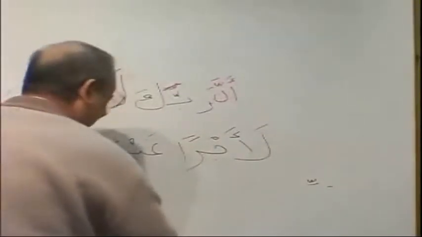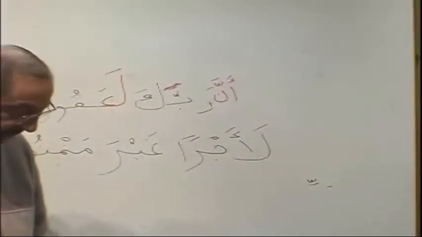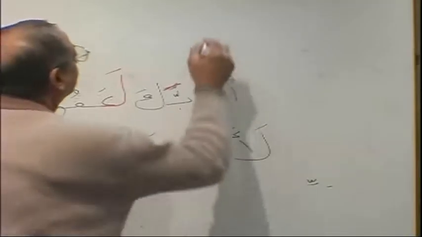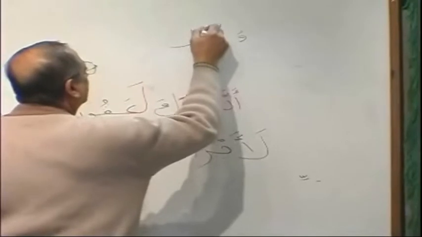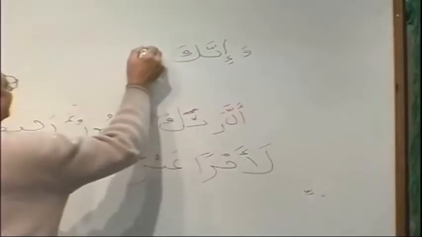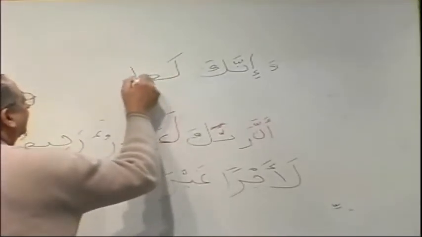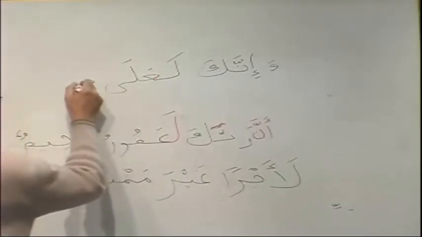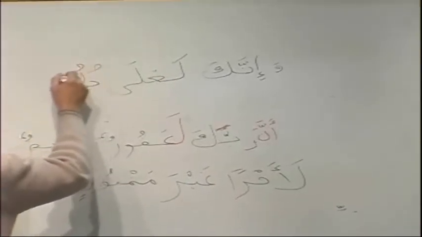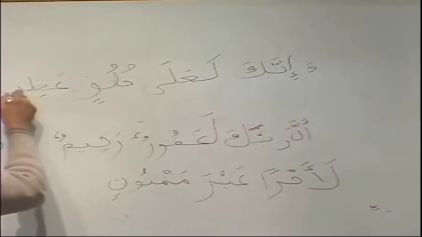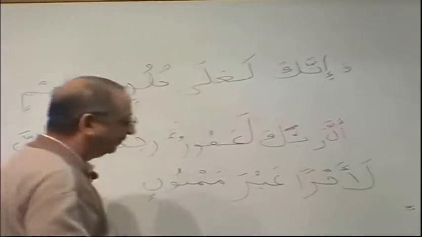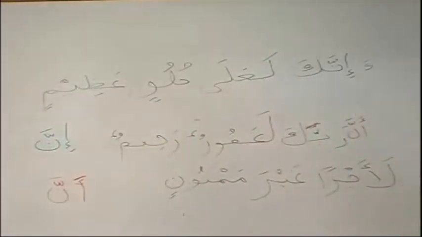Brothers and sisters, let me write down the verse. And you analyze it. And we have to ponder over it, brother. Wa innaka, and la came. Brother Muhammad, you analyze it. What is wa?